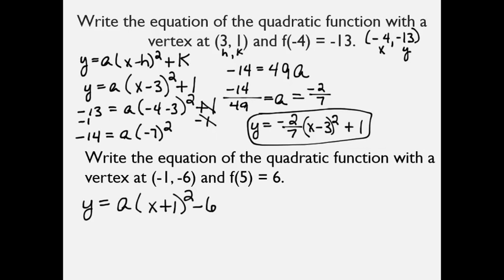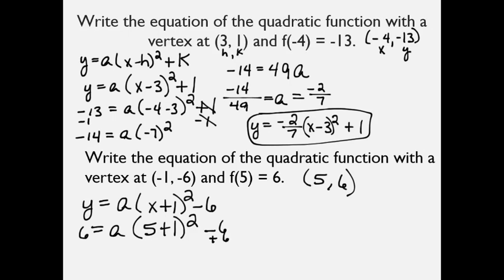And my xy point that I'm going to use is (5, 6). So let's solve it for a. 6 equals a times (5 + 1) squared. Now I'm going to add, and I still have the -6. So I want to add 6 to both sides.